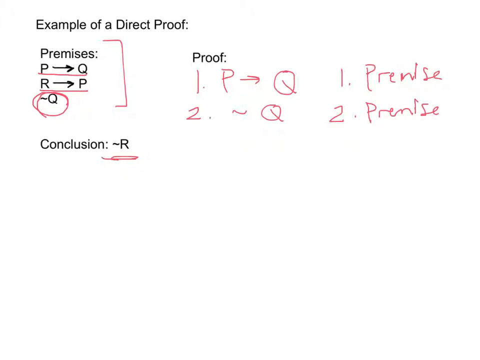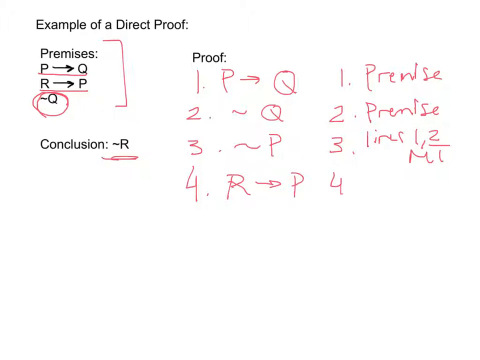And then from this we can conclude that not P is true, and that's using lines 1 and 2 and MT, which states that if you have if P then Q, and you're given not Q, you can conclude not P. And then we're going to go on and say 4, we're given if R, then P, and that's also a premise.